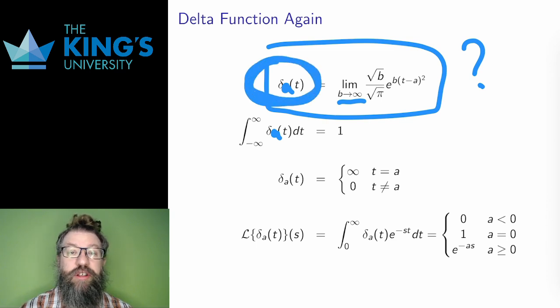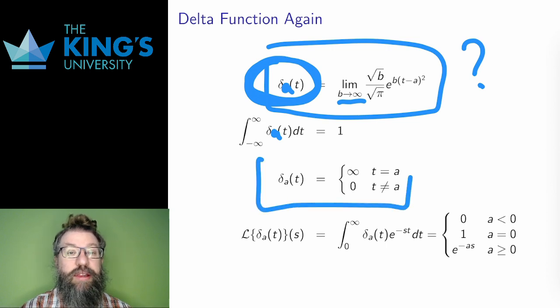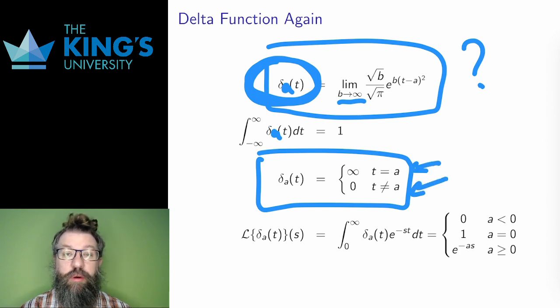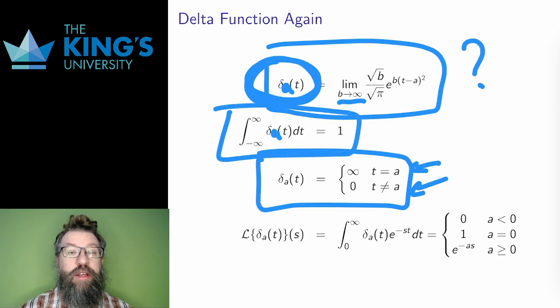And sometimes the delta function has this odd definition. It's an infinitely tall spike at the point a, so the value at a is set to be infinity, and the value is 0 everywhere else. And importantly, the area under the curve at all points in that limit was 1, so the integral of the delta function will remain 1 in the limit.